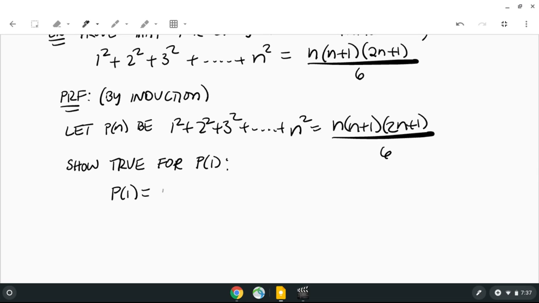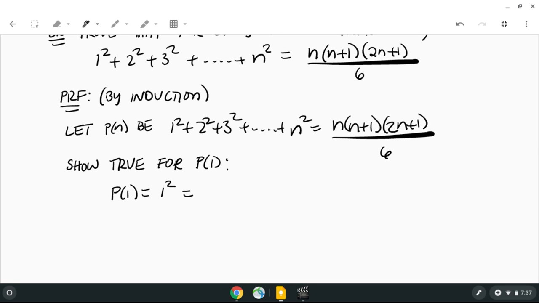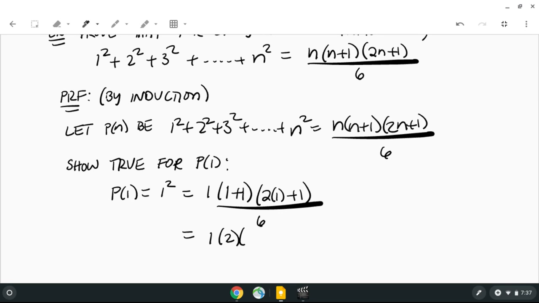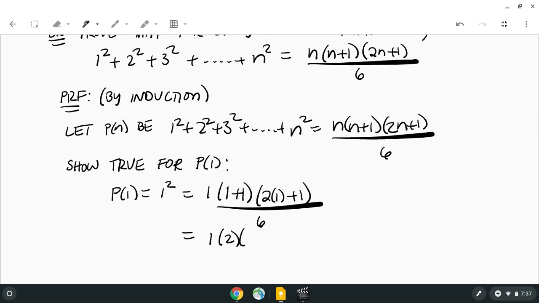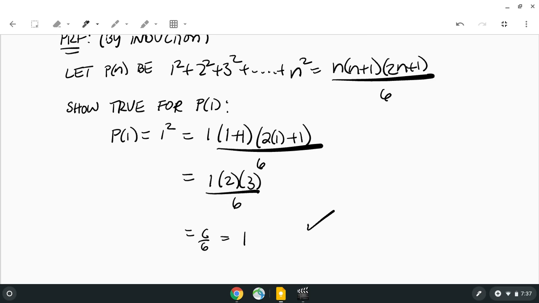And if I plug in 1 here, do I get 1? Let's see. 1 times 2 times 3 all over 6, and we can see that we do. We get 6 over 6, which is indeed 1. So we showed that it works for 1.